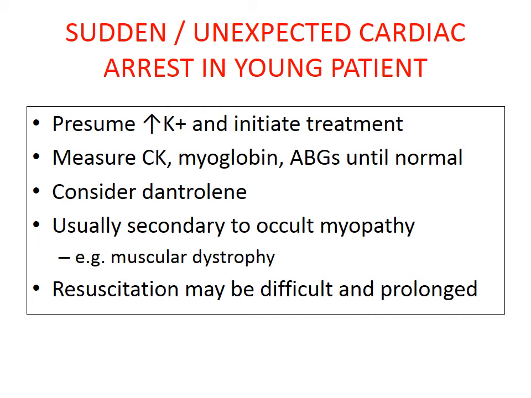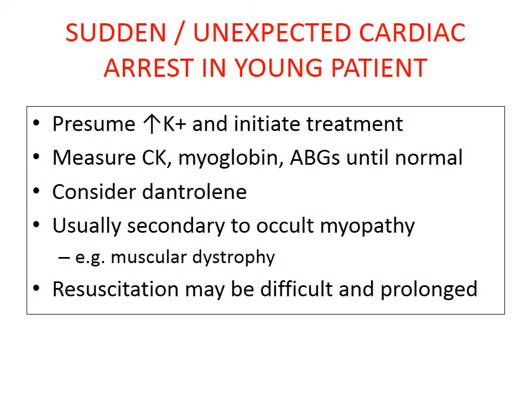So automatically presume hyperkalemia and initiate treatment. Measure CK, myoglobin, and ABGs until these all normalize. Consider dantrolene, and it's all usually secondary to an occult myopathy, typically an undiagnosed muscular dystrophy.